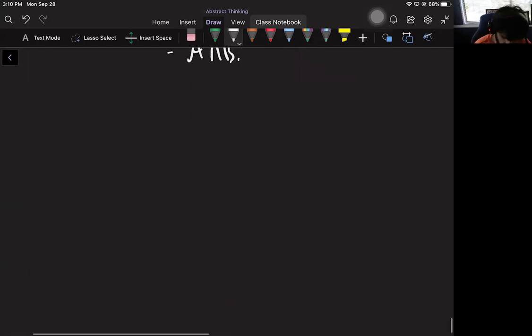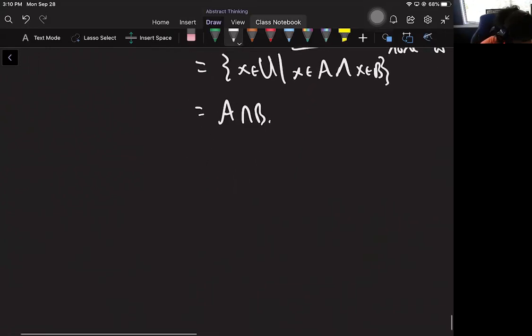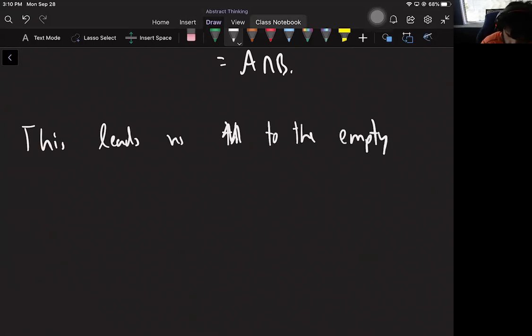Okay, so this little bad boy right here leads us to something else called the empty set, which I need to talk about at the very end here. So this leads us to the empty set, which I did not put in the title of the lecture, but I've snuck in now. Okay, so definition.